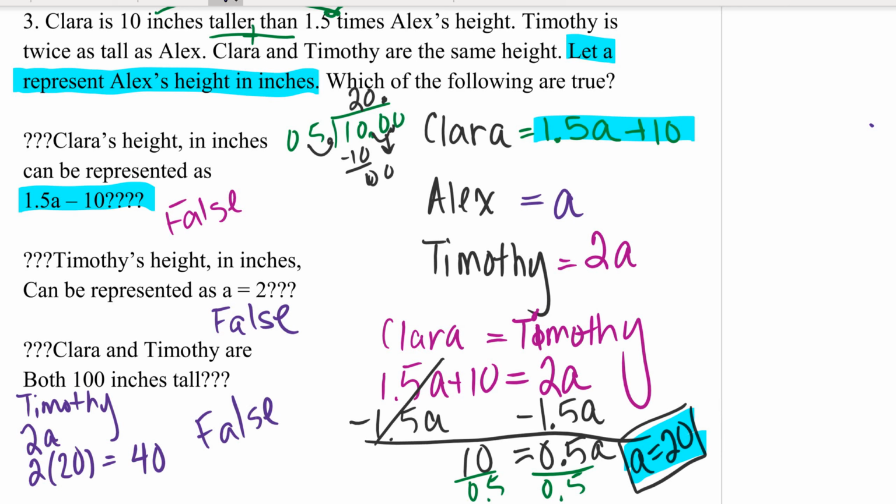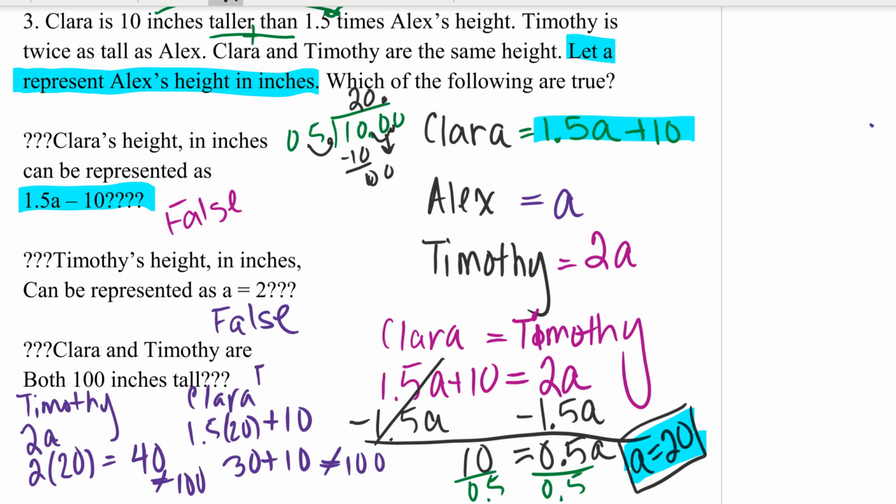If we wanted to look at Clara, Clara is 1.5 times 20, so that would be 30 plus 10, and 30 plus 10 is also not 100. So both of those statements are false.